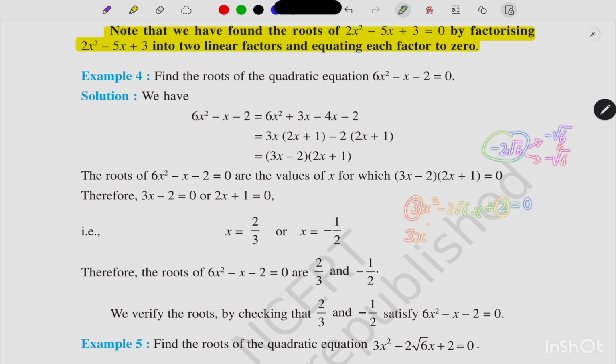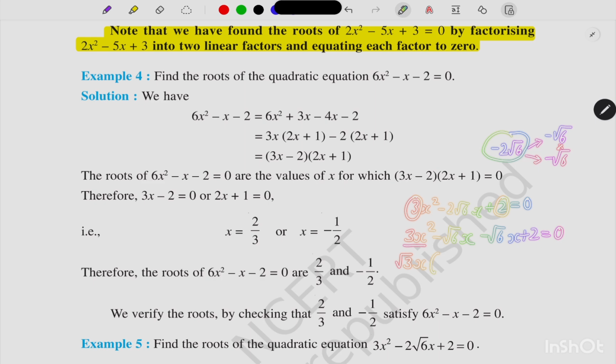So 3x square minus root 6x minus root 6x plus 2 will give you 0. Now here I am taking out root 3x common. So 3 can be broken down into root 3 into root 3.